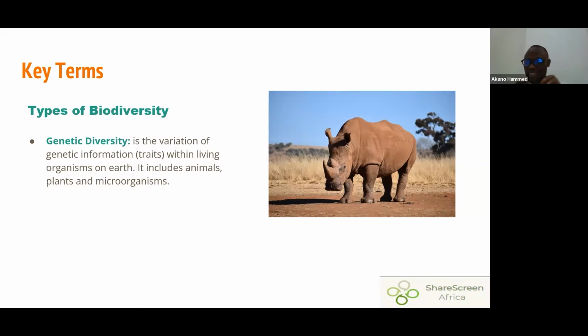These are the existing traits between the two morphological features of the black rhino and the white rhino: the way the snout looks morphologically, and the horn. This morphological trait is different from each other, and this is a variation within one species. So that's basically what we are talking about with genetic diversity.